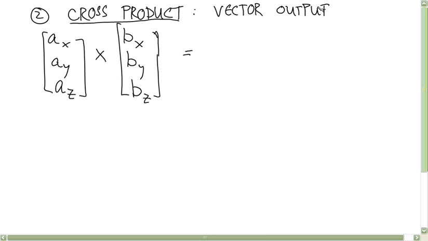And that vector looks like this. AY BZ minus BY AZ.